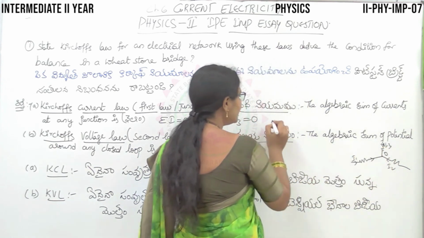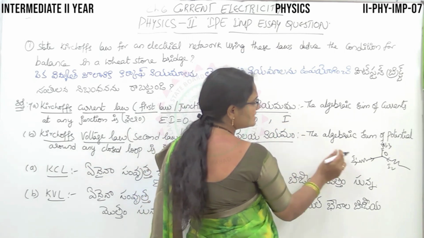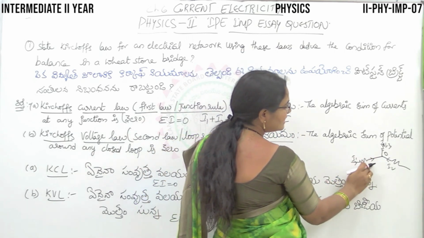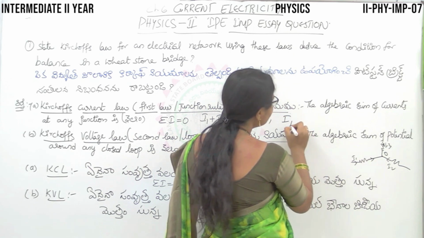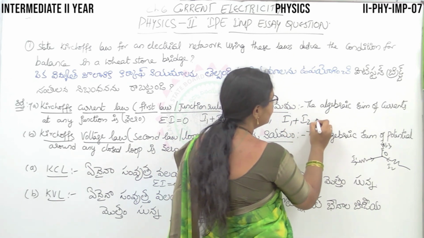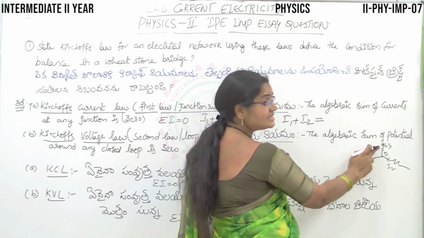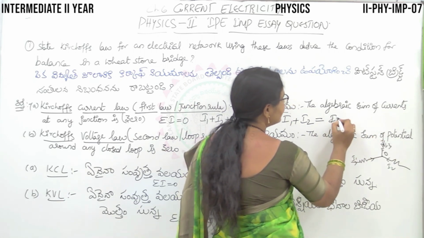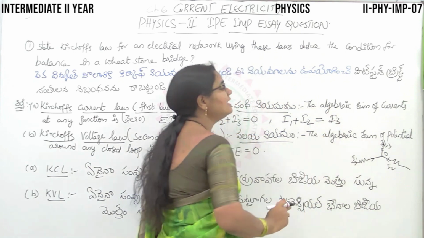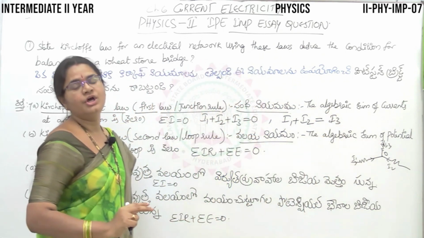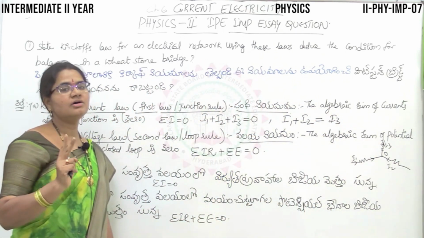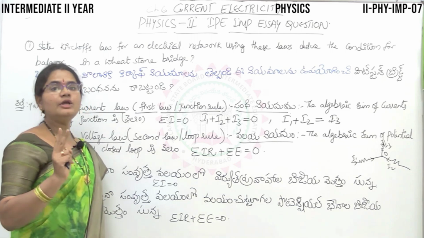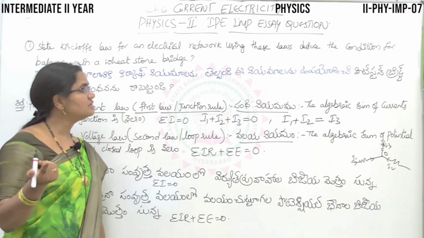So this also can be written as: those 2 currents which are entering are in the same direction, so I1 plus I2 is equal to the current that is leaving the junction, that is I3. Write the statement this way also. You have these 2 statements in your textbook. Preferably you write the 2 statements, or one also is okay.